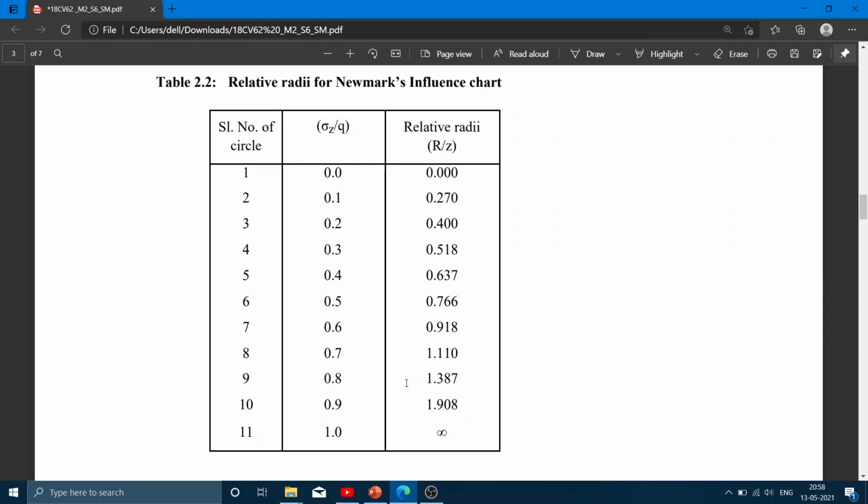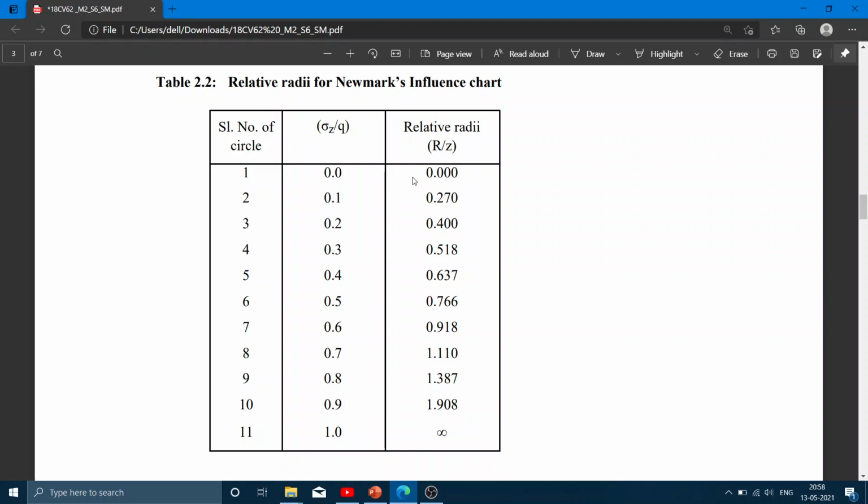Now let us assign a series of values for the ratio sigma z divided by q, such as 0, 0.1, 0.2, and so on up to 0.9 and 1. A corresponding set of values for relative radii r by z may be obtained.